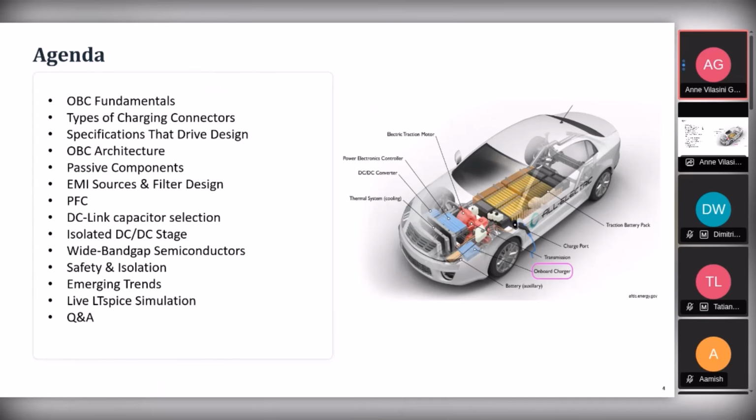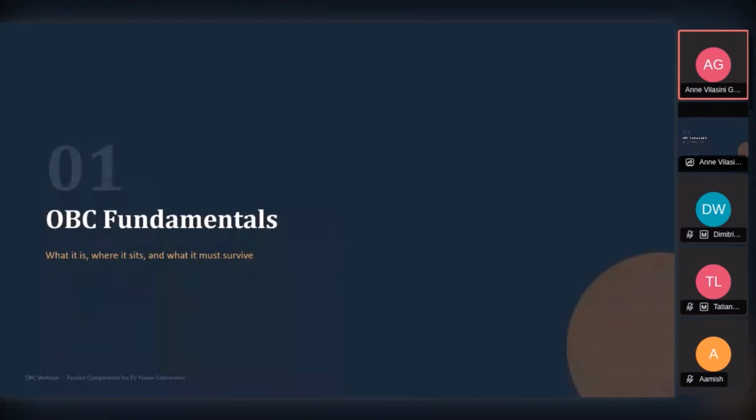And along the way, we'll also touch a little bit on the wide bandgap semiconductors, which is a hot topic right now. And we'll see what the emerging trends are and where the technology is heading. And we'll also have an LTspice simulation towards the end, demonstrating an EMI filter. And then we can open it up for your questions.